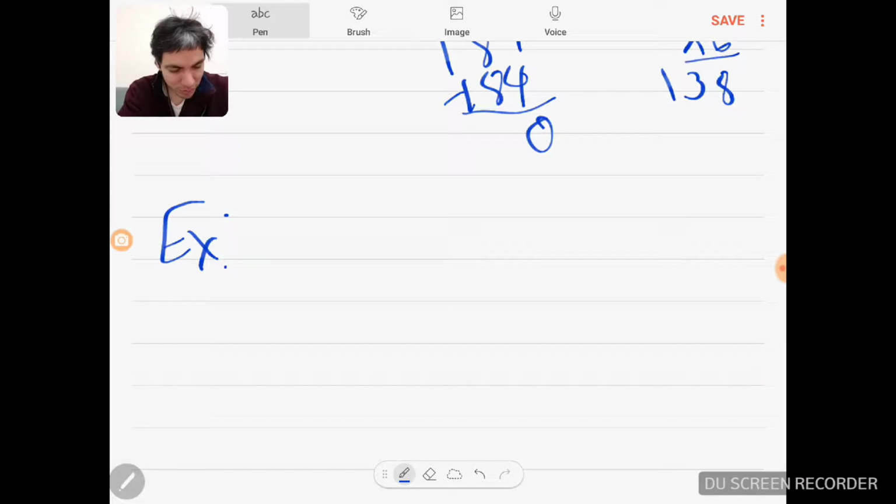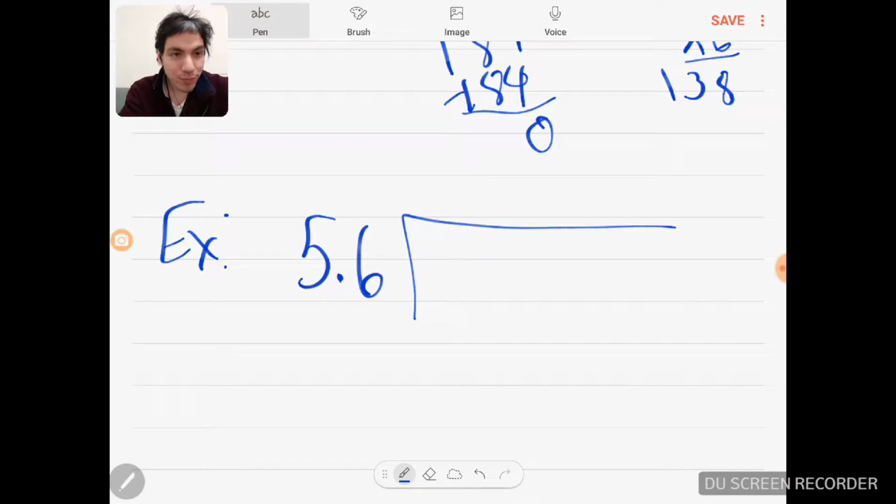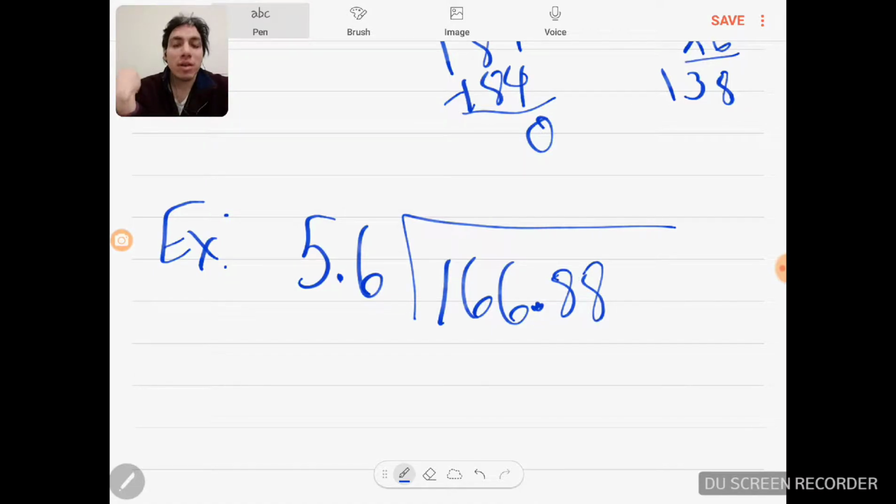Let's say I wanted to divide 5.6 into 166.88. The same rule applies here.